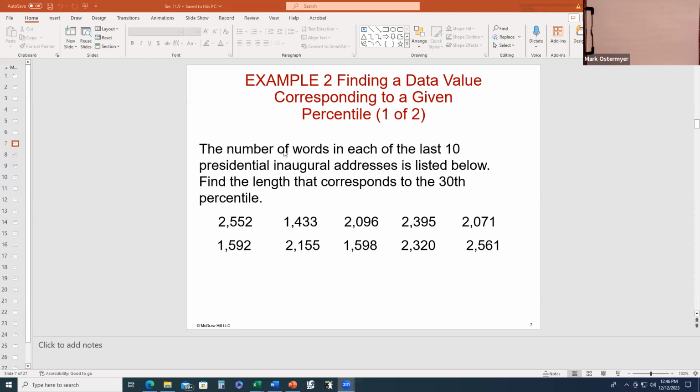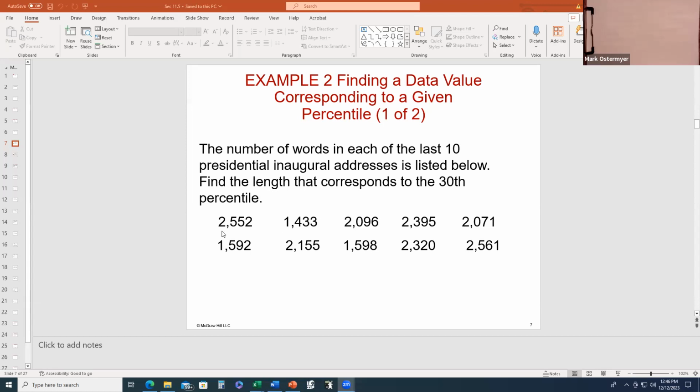Now, the number of words in each of the last 10 presidential inaugural addresses is listed below. Find the length that corresponds to the 30th percentile. So these are the number of words that were used in various inaugural addresses, I guess the last 10. From what year, I have no idea. I don't know how dated this is.